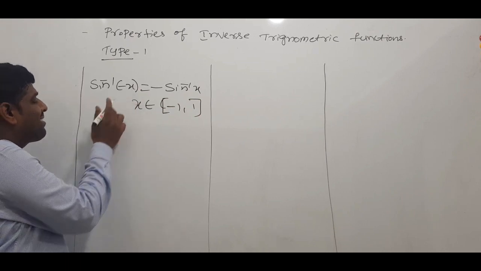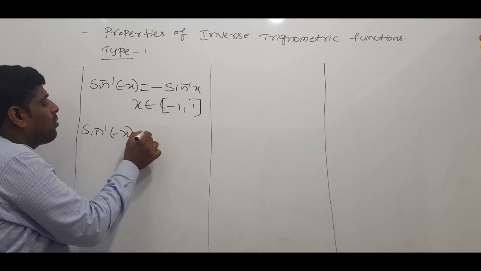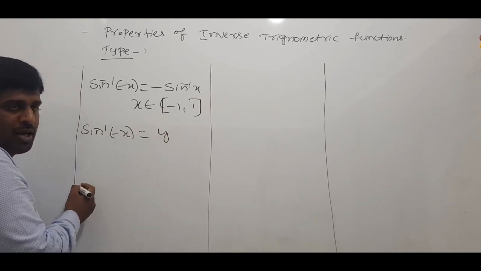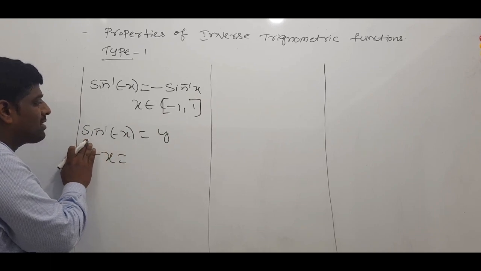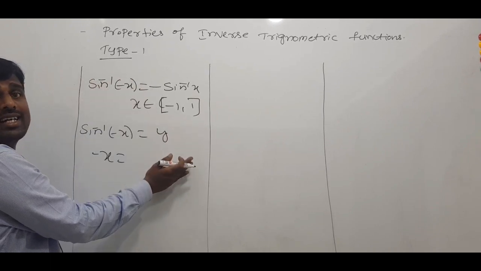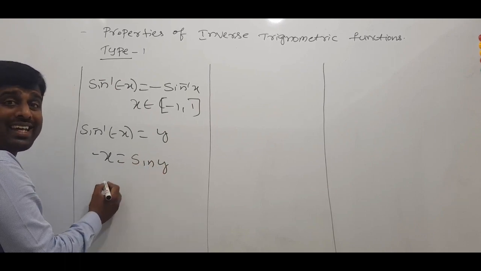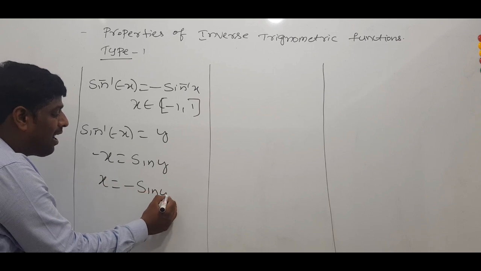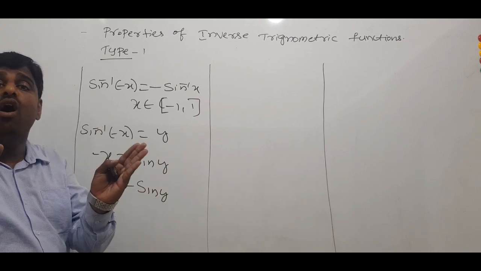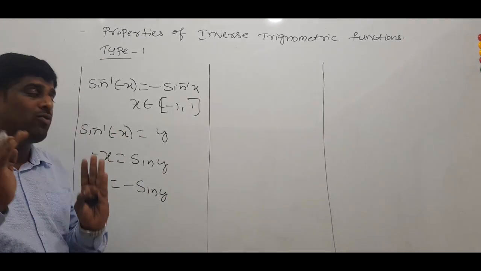Now let us take sine inverse of minus x is equal to y. Minus x is equal to sine y, shifting the inverse to the RHS. Now x is equal to minus sine y. Already you know sine of minus y is equal to minus sine y.